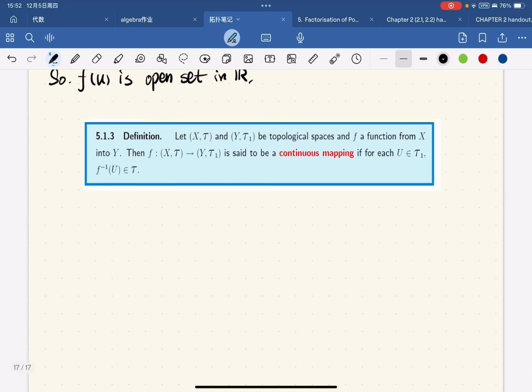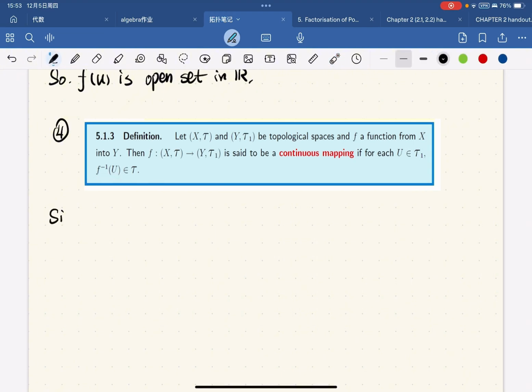Finally, we need to prove that the inverse function is also continuous. Here, we will use the definition of continuous mapping. Let (X, tau) and (Y, tau 1) be topological spaces and f a function from X into Y. Then f is said to be a continuous mapping if for each U in tau 1, the inverse image of U under f is in tau.